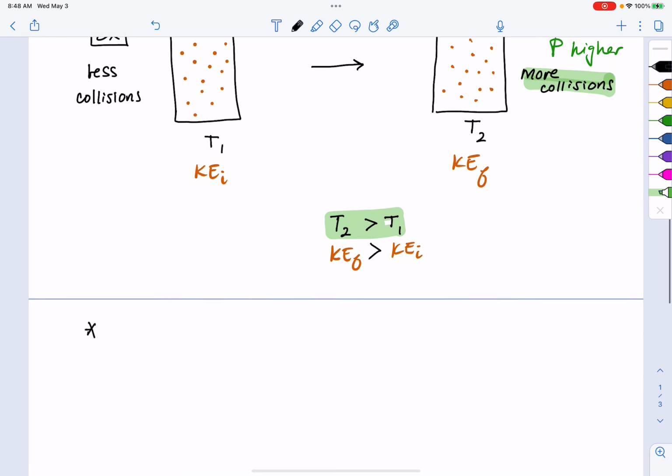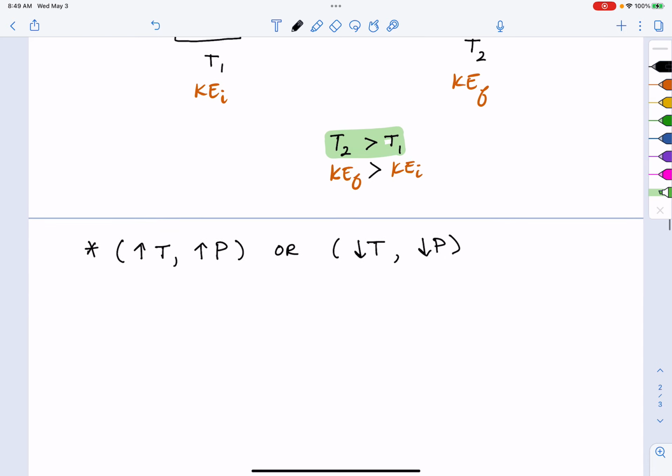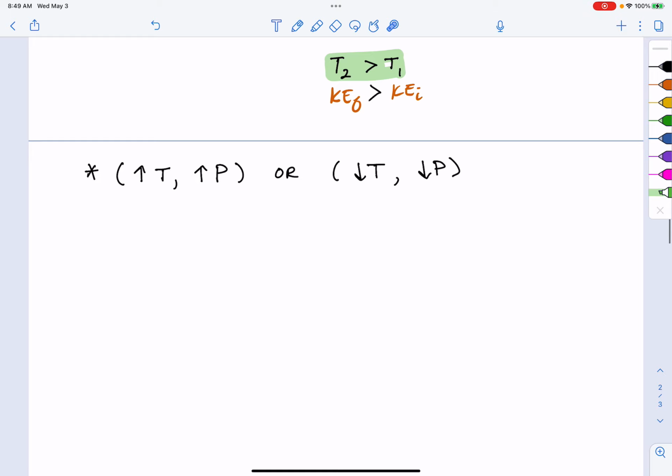If I were to increase the temperature, then I would also be increasing the collisions, thus increasing the pressure. Or vice versa, if I were to decrease the temperature, I would be slowing those molecules down, resulting in fewer collisions, so I would have a lower pressure. So notice, for a change in one, there's the same type of change in the other.